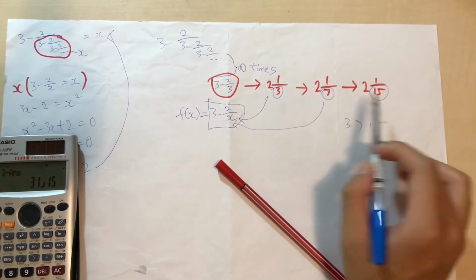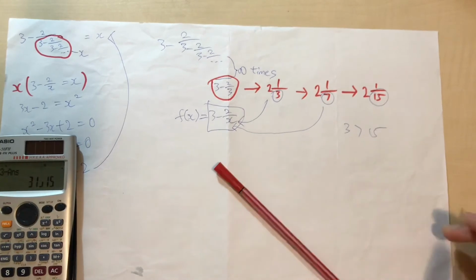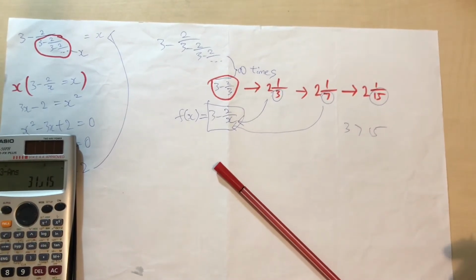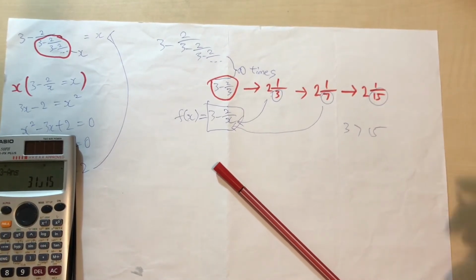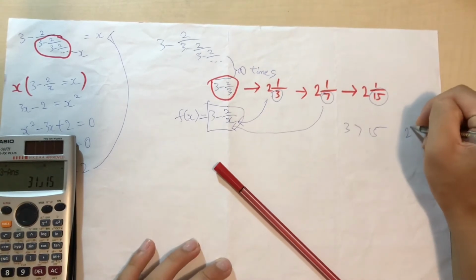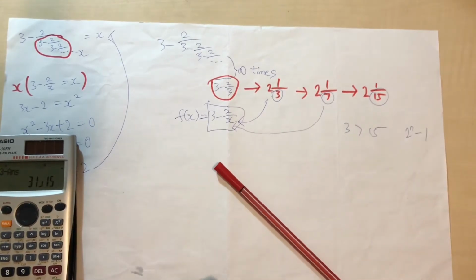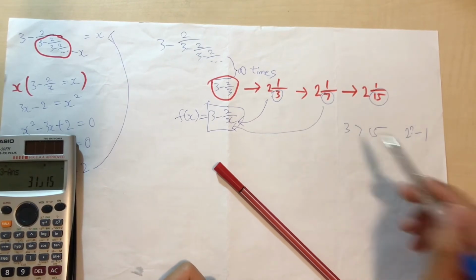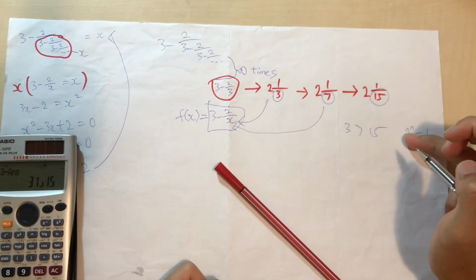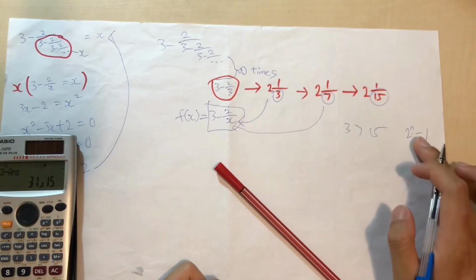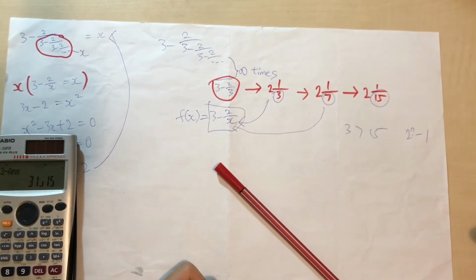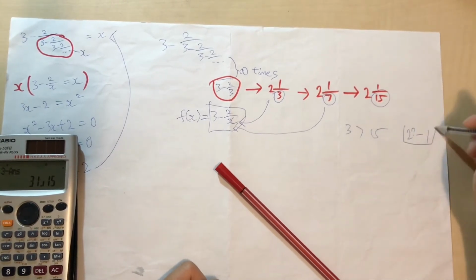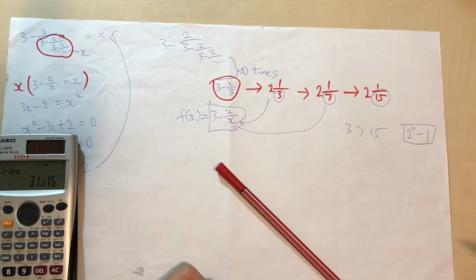Just focus on what is different. 3, 7, and 15, they are actually a series of 2 to the n minus 1. Can you see that? When n is 2, it is 3. When n is 3, it is 7. When n is 4, it is 15. So this is our series.